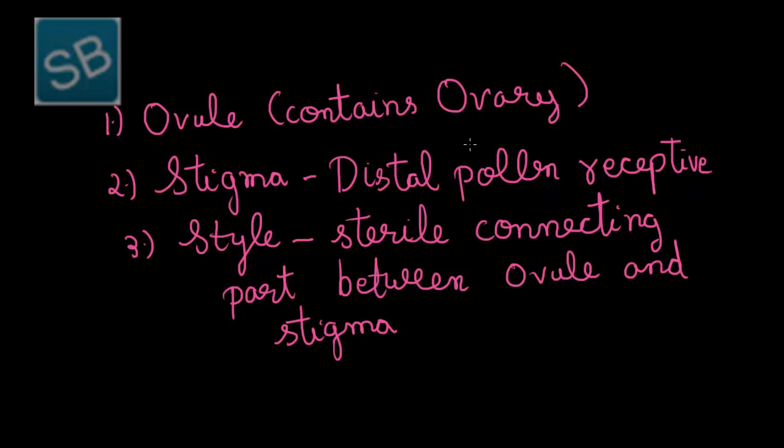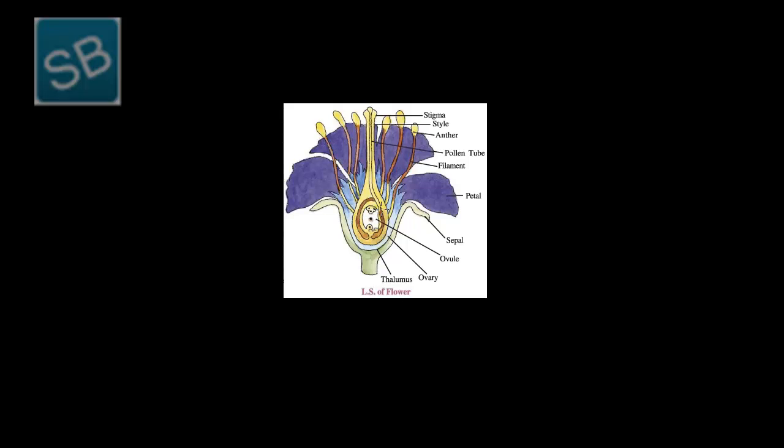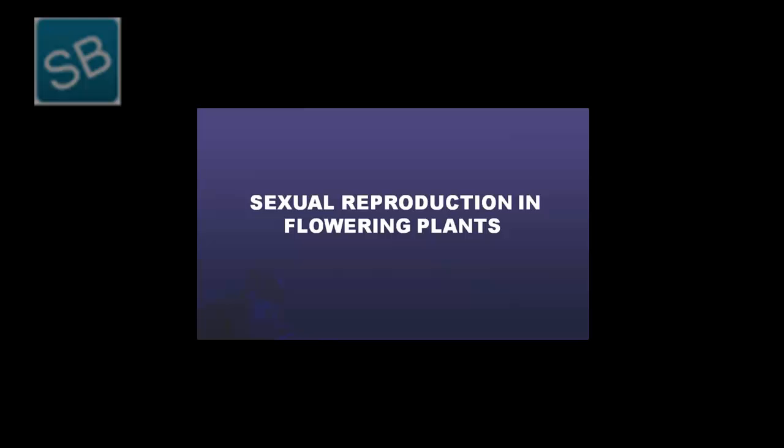Thus, the pistil runs in this manner: ovary forms the proximal part, followed by the style, the middle part, and ends at the stigma. This figure describes the longitudinal section of a flower, containing all the reproductive and sterile units: calyx, corolla in the form of sepals and petals, then the female parts style, stigma and ovary, and the male parts anther, connective and filament.